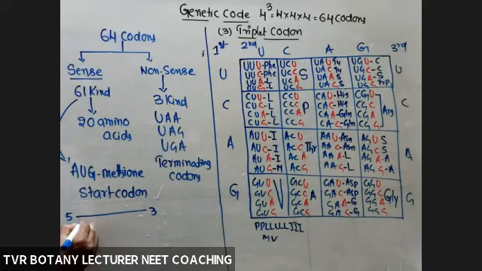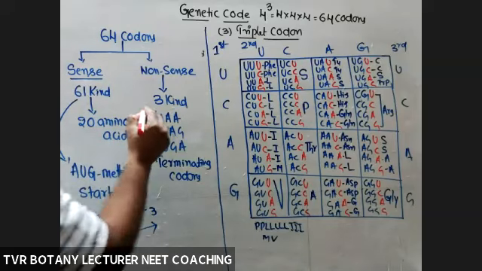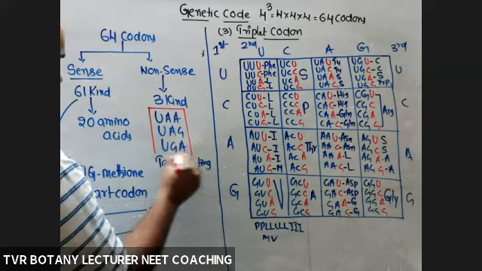The first codon is AUG. Polypeptide synthesis, protein formation, is in the 5' to 3' direction. So usually, what is the first amino acid to be incorporated in the protein? That is methionine. Hence the name start codon, initiator codon, able to initiate polypeptide chain, protein synthesis. So these are the nonsense codons.